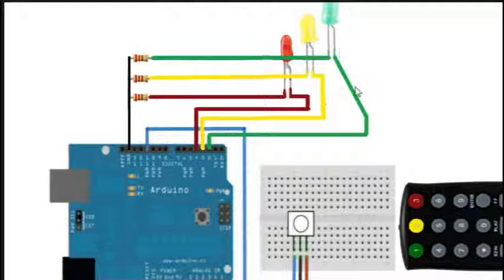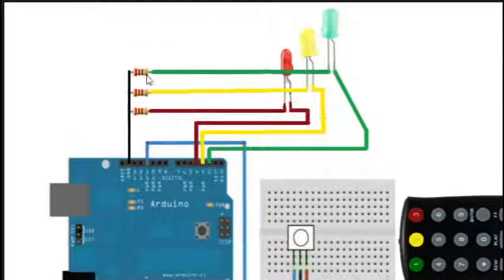The positive terminals of these LEDs are connected to the data pins, and the negative terminal is connected to ground through a resistance. This resistance is connected here to limit the value of current.